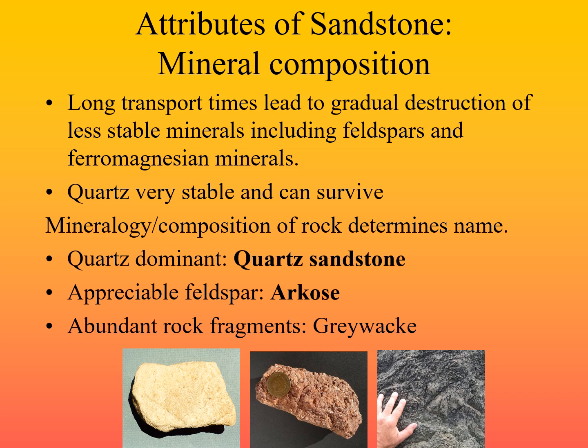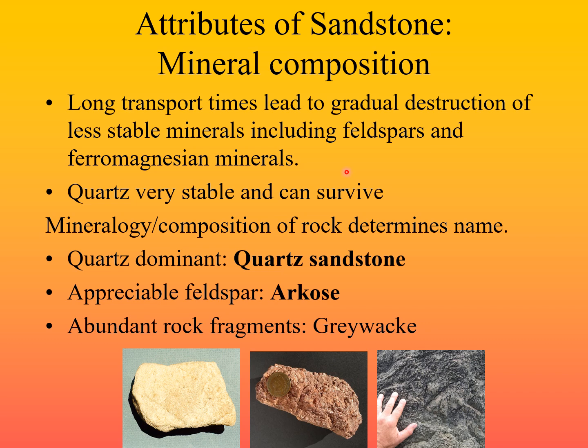And another thing that's really important is looking at the mineral composition of different sandstones. So if you have long transport times, that tends to lead to the destruction of the less stable minerals that were sourced from parent rocks, right, that were weathering away.